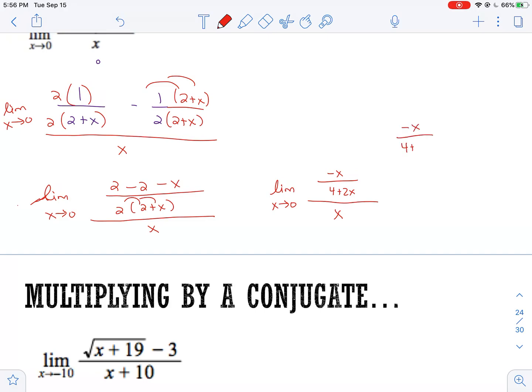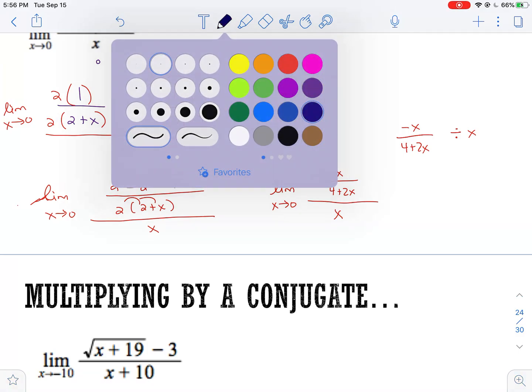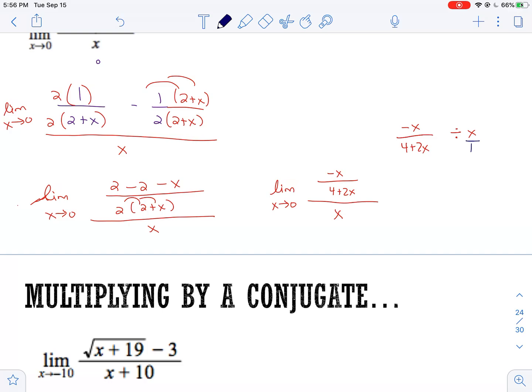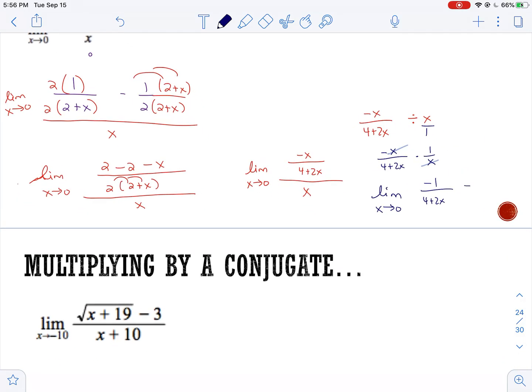Well, I have a fraction divided by a fraction, so this would be -x over 4 plus 2x divided by x. What happens when you divide and you have fractions? Well, you're going to multiply by the reciprocal, and the reciprocal of x is 1 over x. So this is going to be -x over 4 plus 2x times 1 over x. Well, what happens to those x's? They're going to cancel. So now this is going to become the limit as x goes to 0 of -1 over 4 plus 2x.